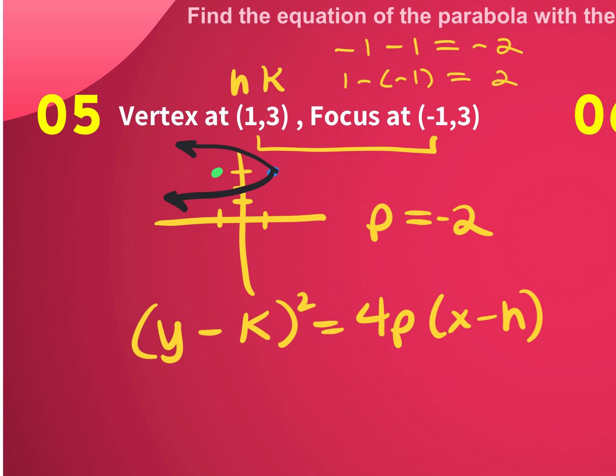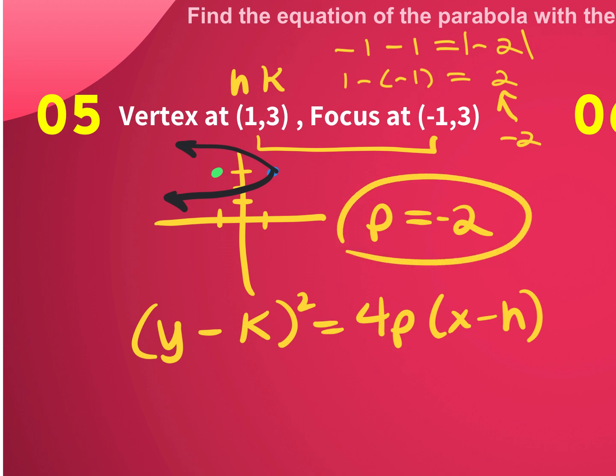Just remember, because when you gave yourself the visual, it's the backwards C, so you would have to change this +2 to a -2. Remember, distance is never negative. When you did this, you had to technically absolute value this to make it positive to get a distance. But because it's a backward C, my p-value is -2.